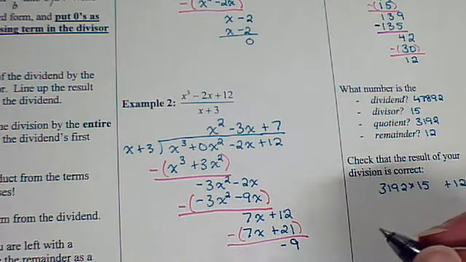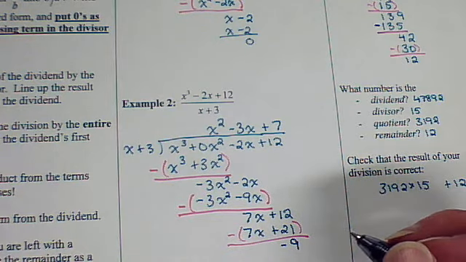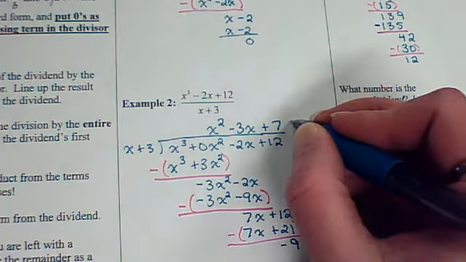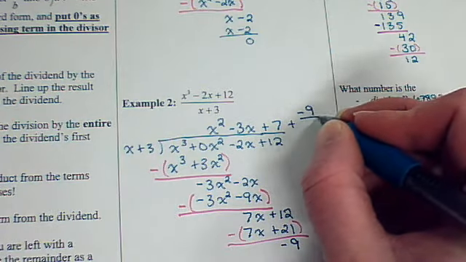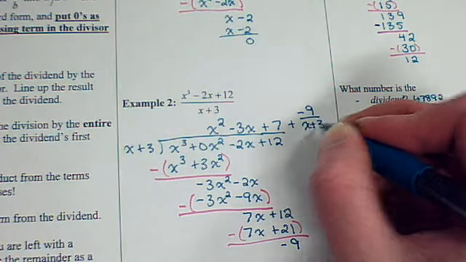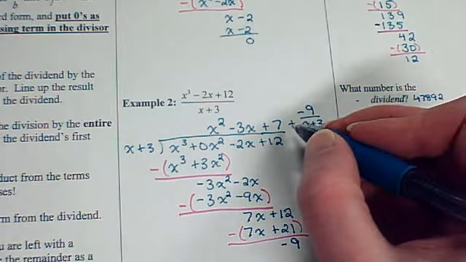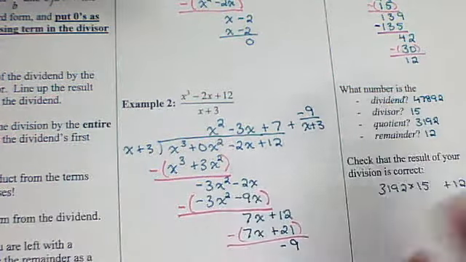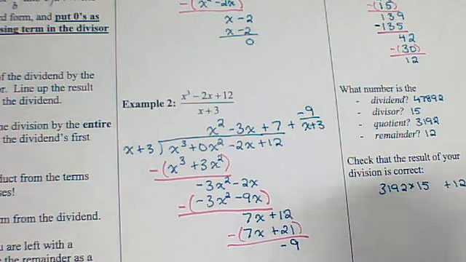Oh, a negative 9, right? That's my remainder. Now we write our remainder over what we're dividing by. Now technically I could have put just minus 9 over x plus 3, or you can write it this way. That's fine as well. And that's really all there is to long division.